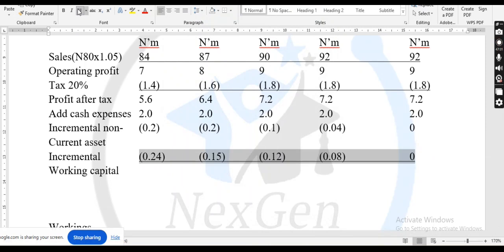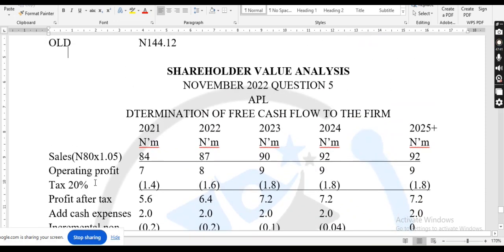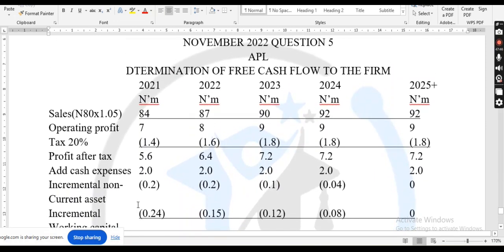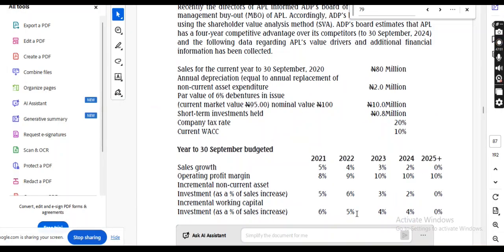We have our free cash flow. Class, don't forget the reason why we have to calculate free cash flow to the firm. Ideally, the question says it is using shareholder value analysis, calculate the equity.